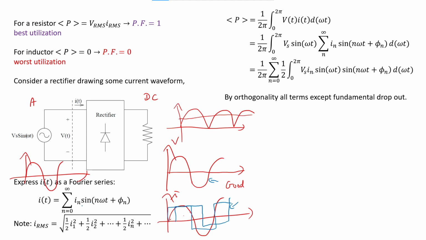The first term, when n equals 1, I don't say the zero term, the first term, is a pure sine wave, so it looks like this one. But the second term is also a sine wave, but a different frequency. Even if current has higher frequency like this, it's also bad utilization.